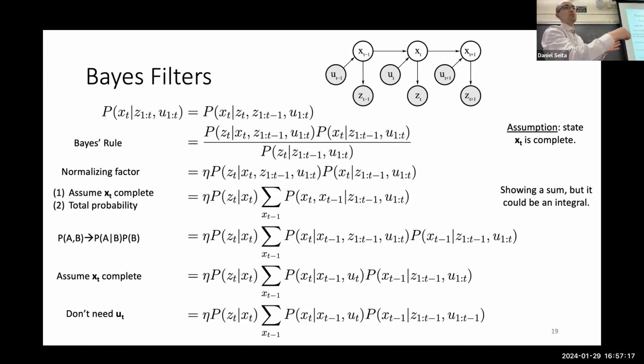If we were to do something similar in another time step, the book would still use eta. They wouldn't do eta 1, eta 2. They would just use the same Greek letter to indicate any normalizing constant. And you need the normalizing constant because if you drop the denominator, it's not a probability distribution anymore.